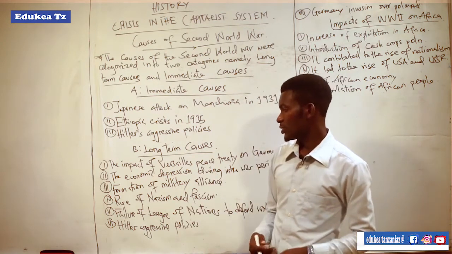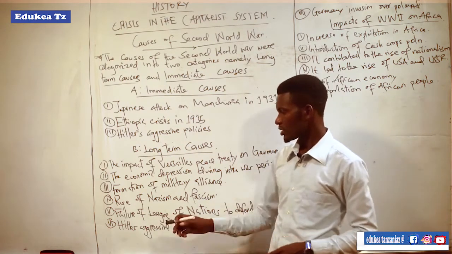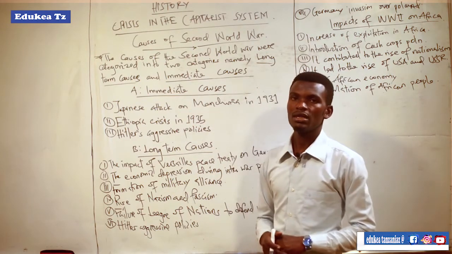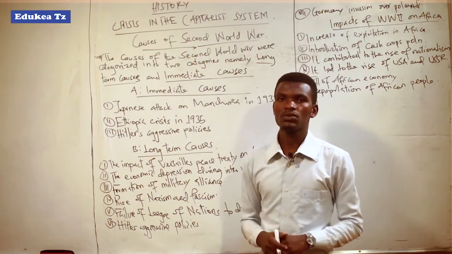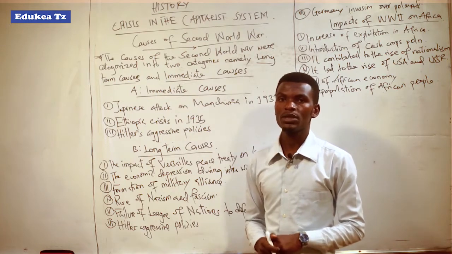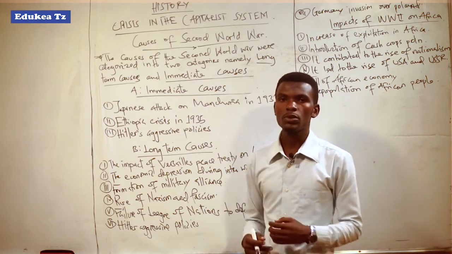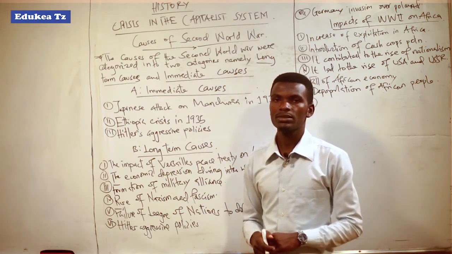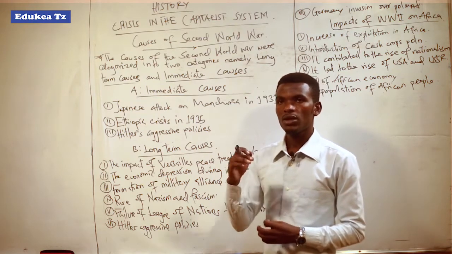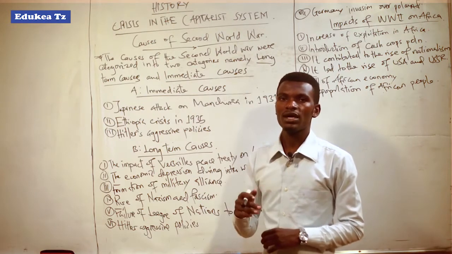Another long-term cause was the failure of the League of Nations to defend world peace. The League of Nations was formed in 1919 as a result of the First World War. It means that after the First World War there was the formation of the League of Nations, which was there to promote and maintain world peace and security, so that there should be no occurrence of another world war.